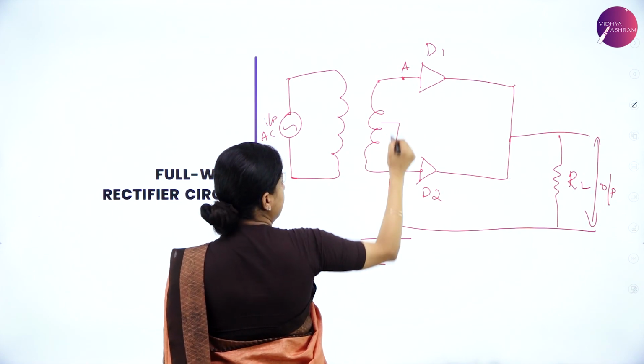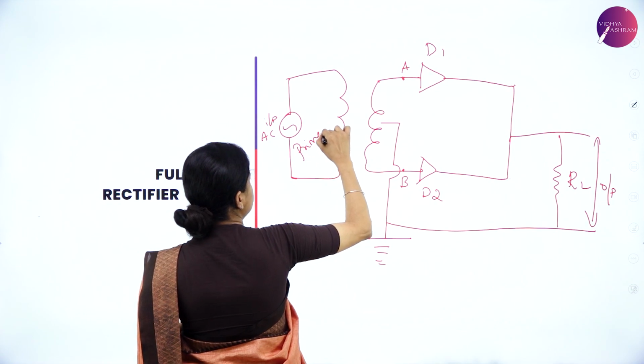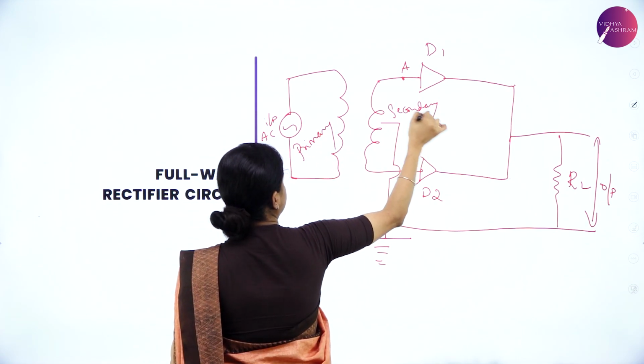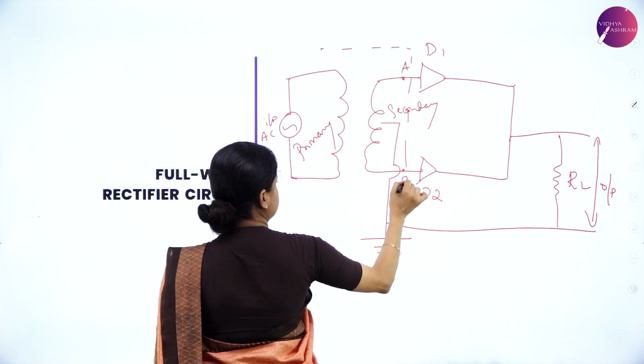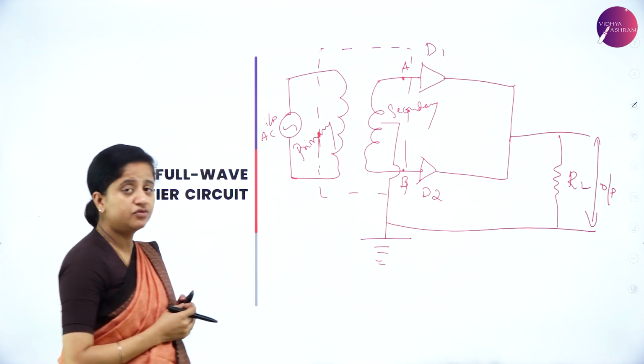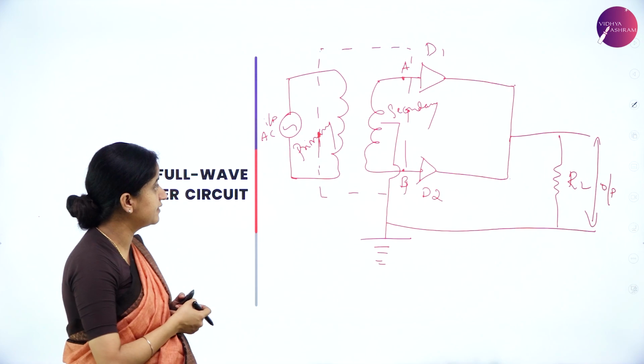This is point A and this is point B. This is our primary transformer and this is the secondary one. This is the circuit for the full wave rectifier. What is the basic difference between the half wave rectifier and the full wave rectifier?